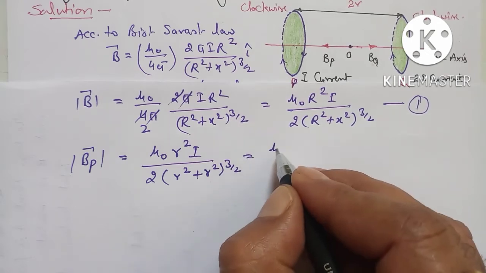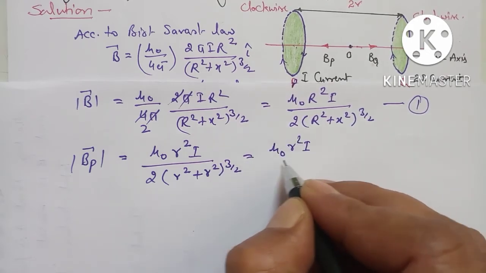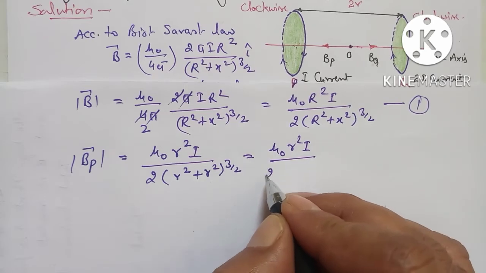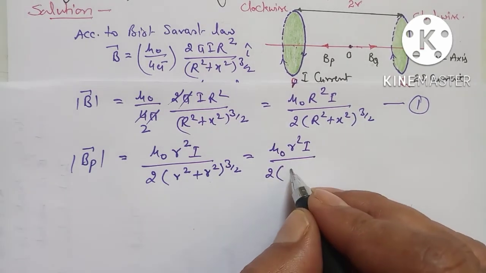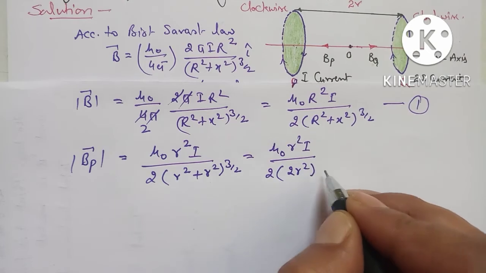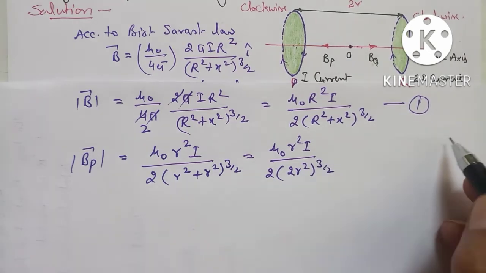This is equal to mu naught r square I over 2 times (r square plus r square, that is 2 r square) raised to power 3 by 2.